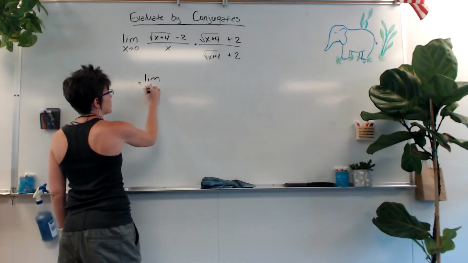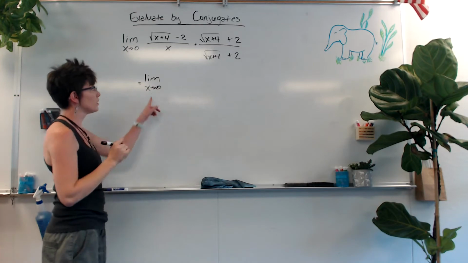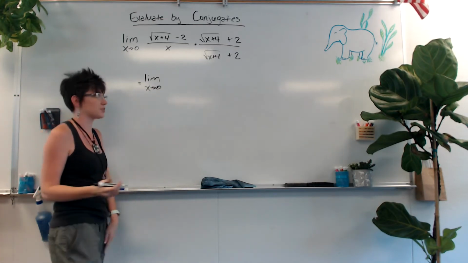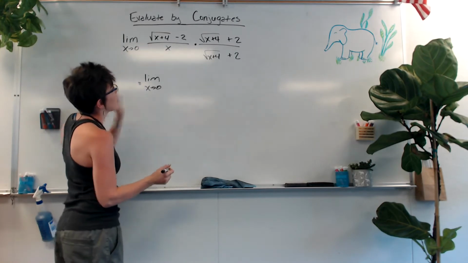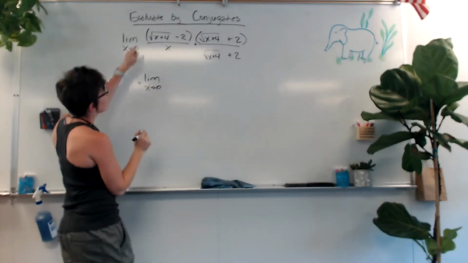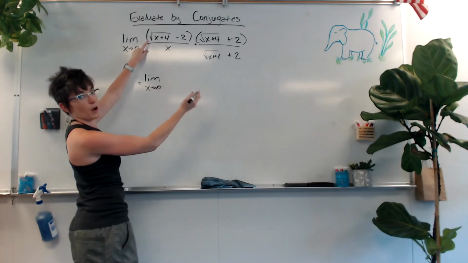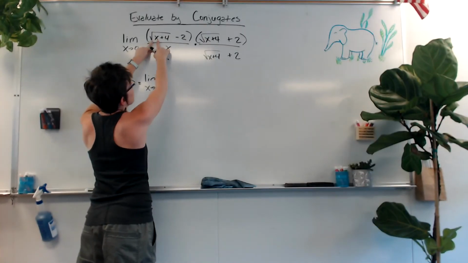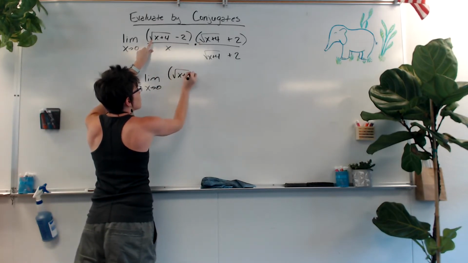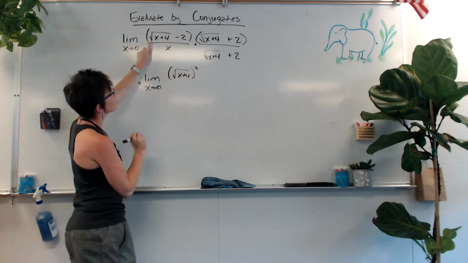This becomes the limit as x approaches 0. Notice I haven't actually taken the limit yet, so continue to write limit as x approaches 0 of this. Now I'm going to multiply this out really carefully using like a double rainbow or FOIL technique. So this times that just becomes x plus 4 squared.